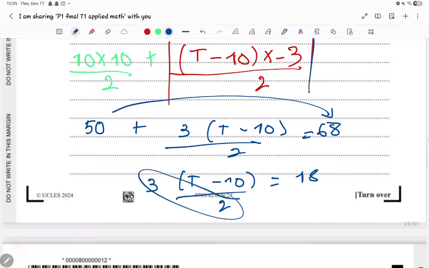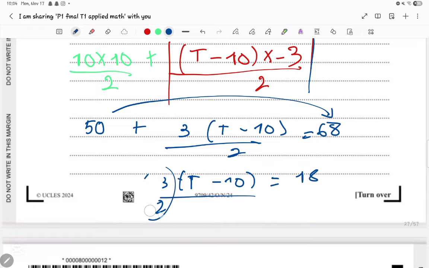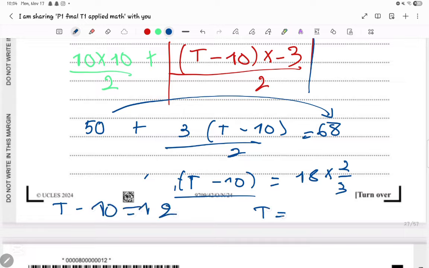It becomes 2 over 3, because keep, change, flip. So 18 times 2 over 3 is 12. That means T minus 10 is equal to 12, which means T is equal to 22. So this is my final answer: T equals 22 seconds.